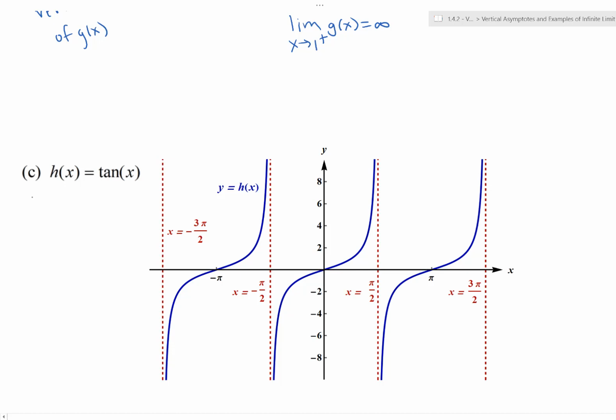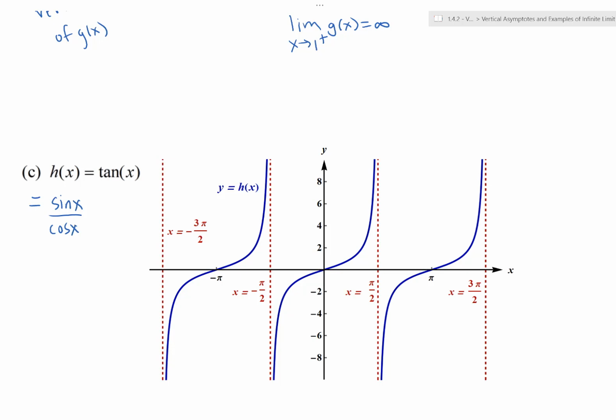Because, of course, the tangent function is defined to be the sine function over the cosine function. Then whenever we have a value of x that makes the cosine function 0, and the sine of that same value is non-zero, we produce the vertical asymptotes here.